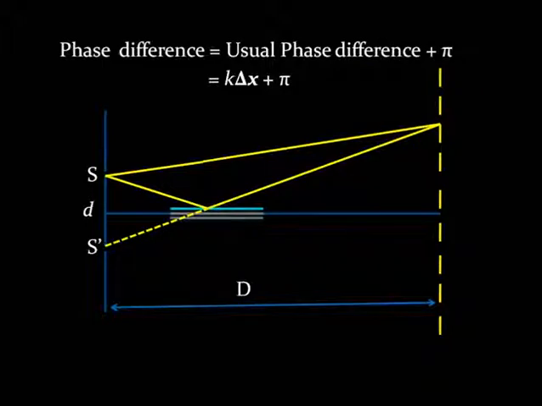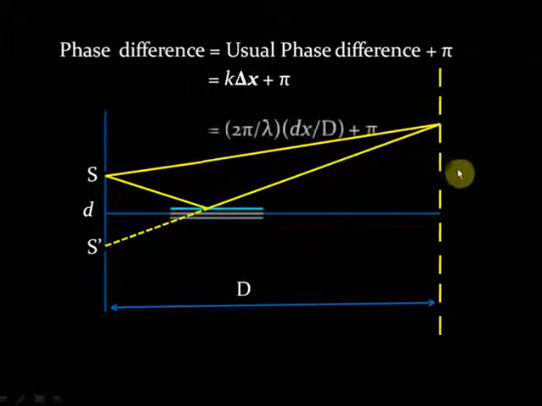Now we already know what the path difference in the case of the Young's double slit experiment is. Remember, we had calculated that the path difference is xd divided by D, correct? So substituting the value of delta x by xd by D, this is what we get: 2 pi by lambda into xd by D plus pi. This pi is the extra factor.